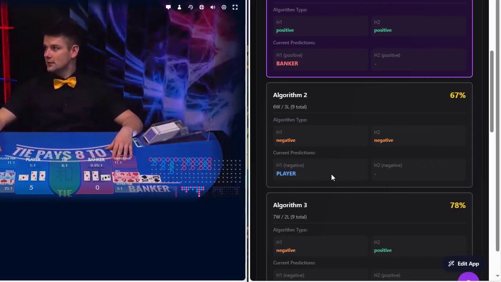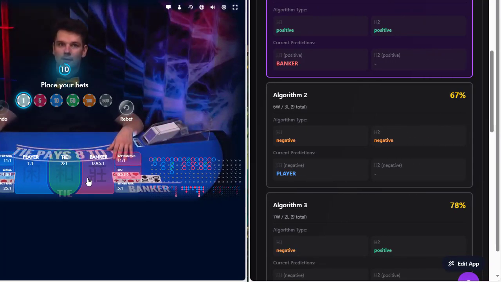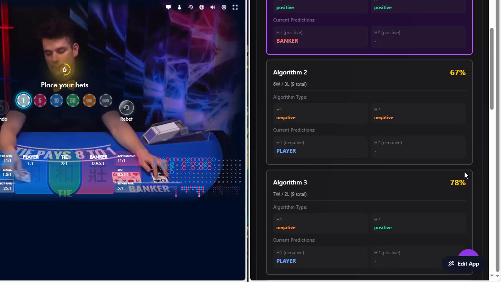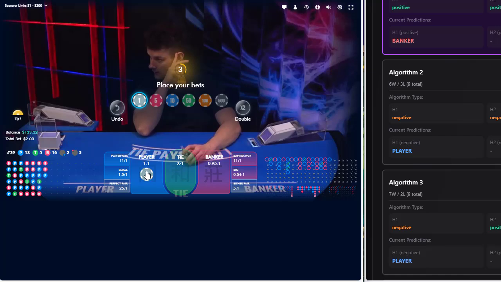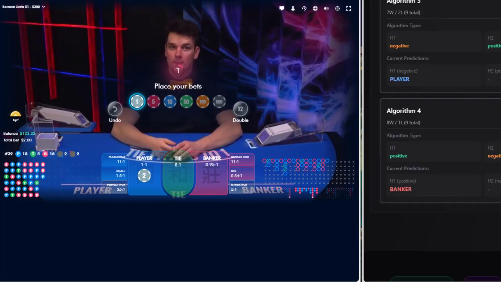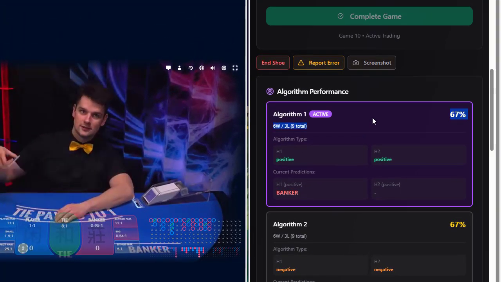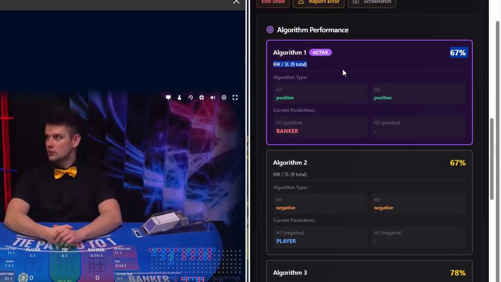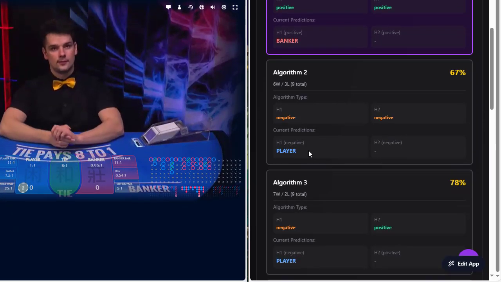All right, so here we're playing ground up. Let's do banker. So that would be player. So the lowest performing algo is algo 1. So we're gonna go ground up, and we're gonna play against this one, which means we're gonna play player.